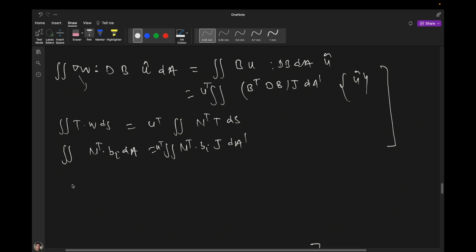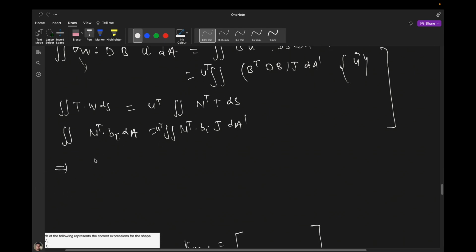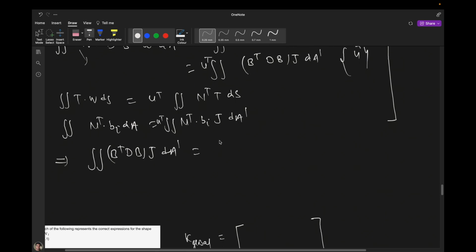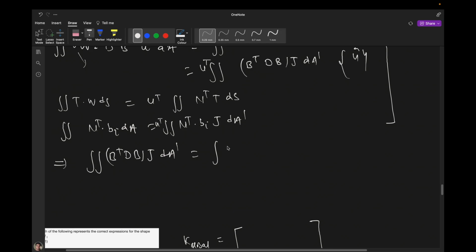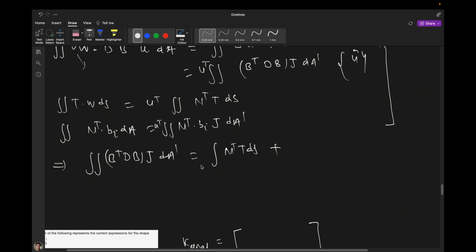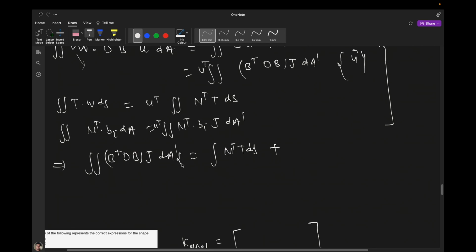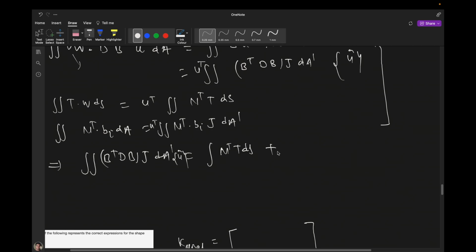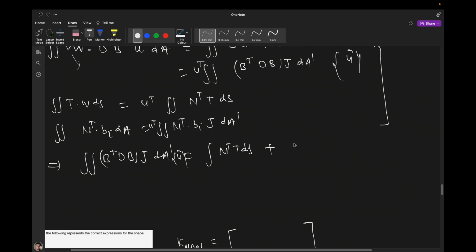When you arrange everything, it will be something like B transpose D B J dA dash equal to N transpose t ds plus, and here the U matrix will come, and here will be the double integral of N transpose b i and J dA dash.